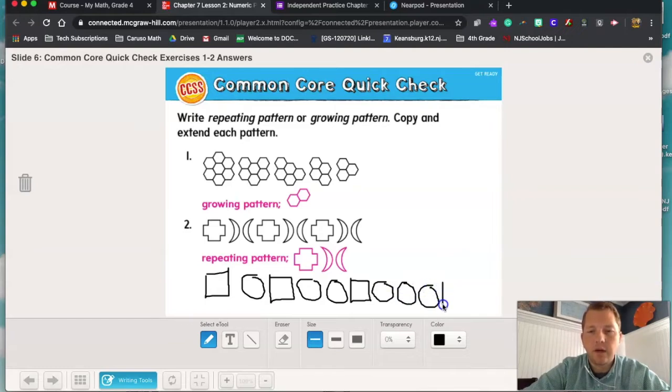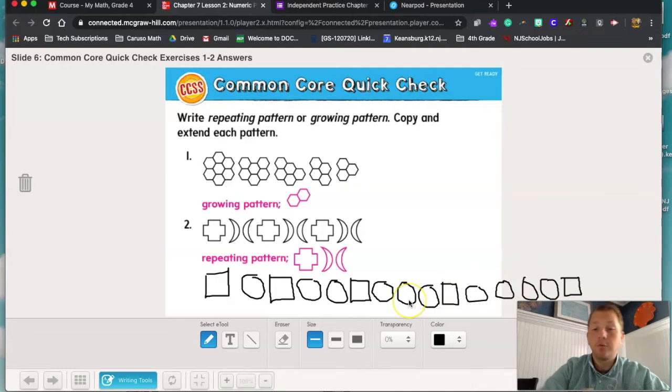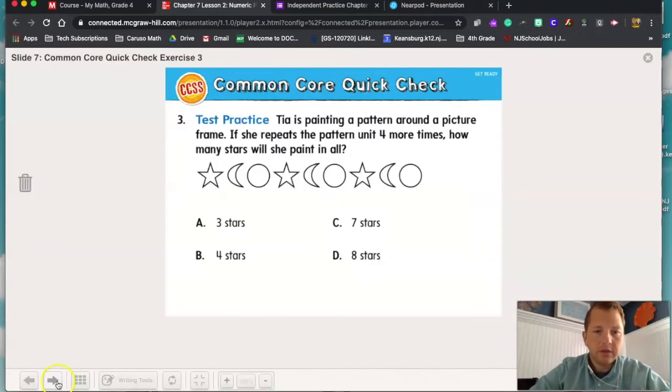And then I'd have my square. And then if I'm growing by 1, 1 plus 1 is 2, 2 plus 1 is 3. Over here we'd have 3 plus 1 would give us our 4. That's going to go way over here. 3, 4. And then we would have our square. And then this pattern would just keep growing forever. So let's look at the next.